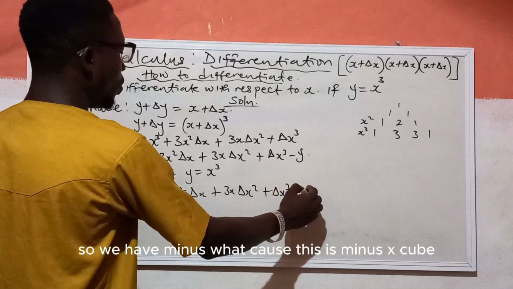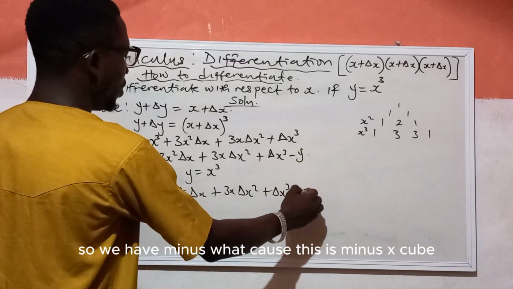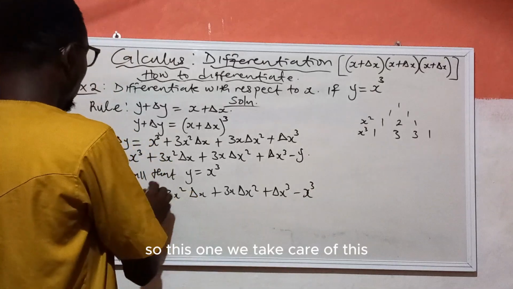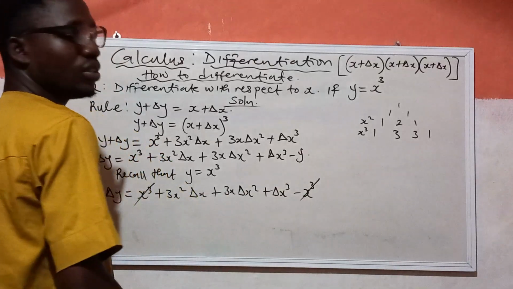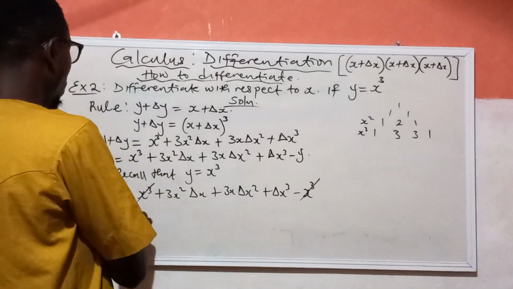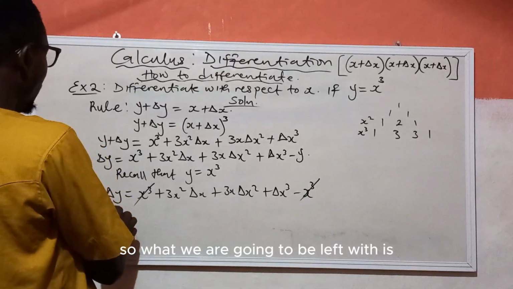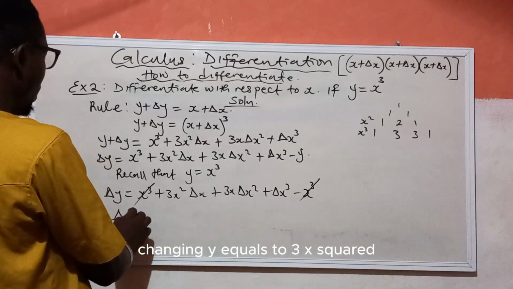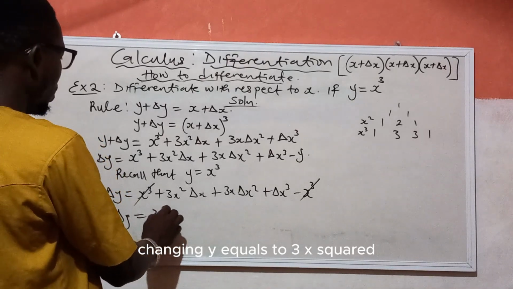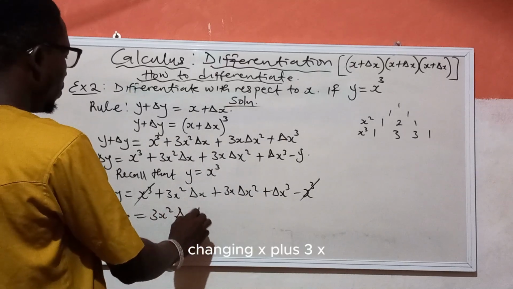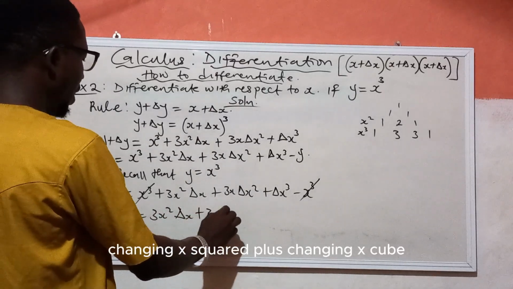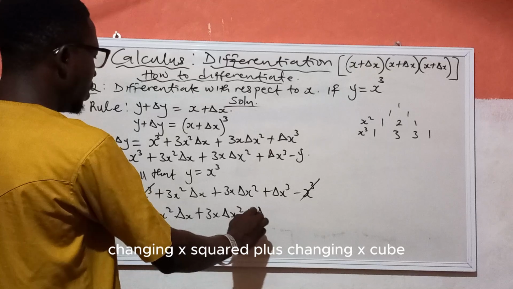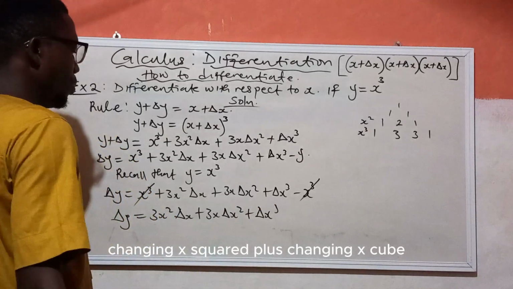So we have minus x cubed, and this one will take care of this. Good. What we are left with is change in y equals 3x squared change in x plus 3x change in x squared plus change in x cubed.